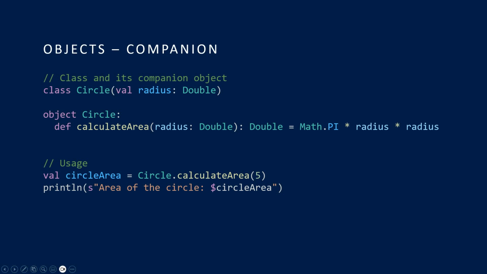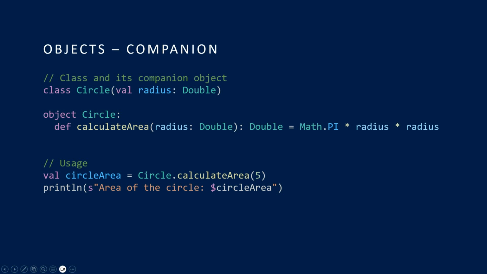We might come across in Scala companion objects, so we might have a class which actually has the same name as an object. So we've got our class circle, which takes in a radius, and that's a double value. And then we've actually got our object circle, and within it we have this method which calculates the area.